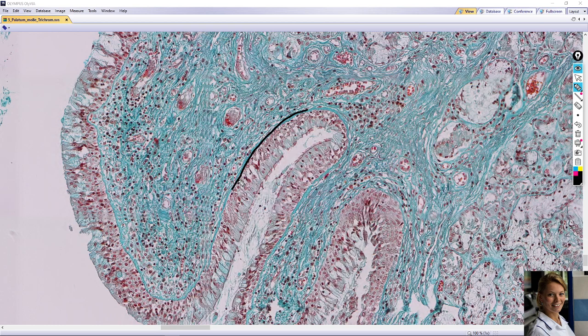Each cell rests on the basement membrane, and you can see cilia on the apical part of the columnar cells, the ciliated columnar cells, and here you can see a goblet cell which contains mucus.